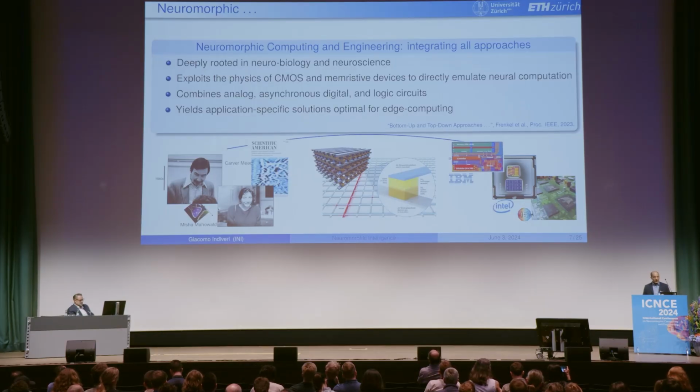And ideally, we could deploy these and apply them to application-specific solutions for optimal computing. And as I will show you, one of the best domains where to use this technology is in so-called edge computing. We will see that.